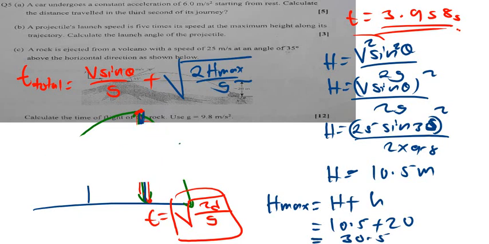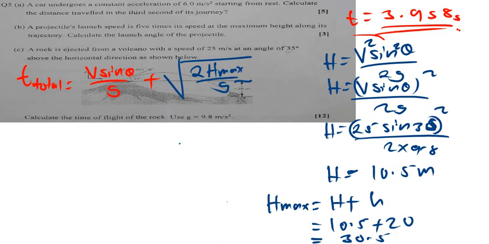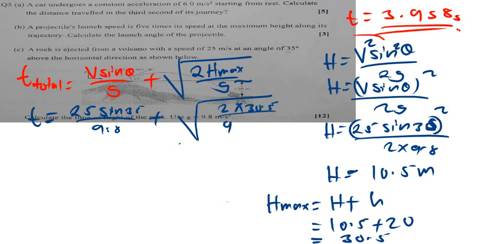So since I have everything now, I'll go ahead and plug in the values here. Okay, I'll say my t will be equal to v is 25 sine 35 divided by 9.8 plus the square root of 2. The h max is now 30.5 divided by 9.8. So t will be equal to, this part only is going to give us what? 25 sine 35 divided by 9.8.